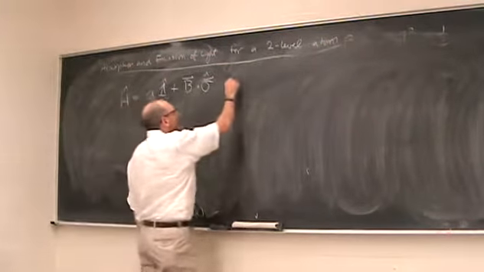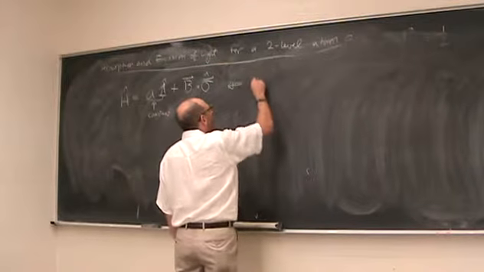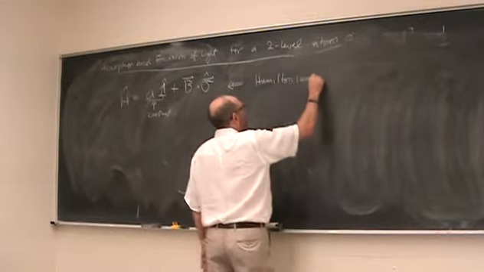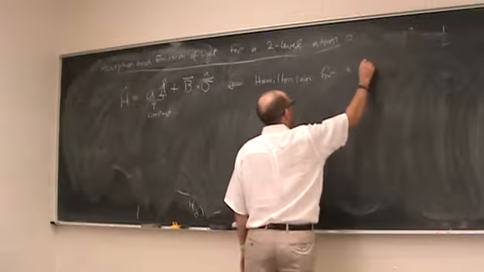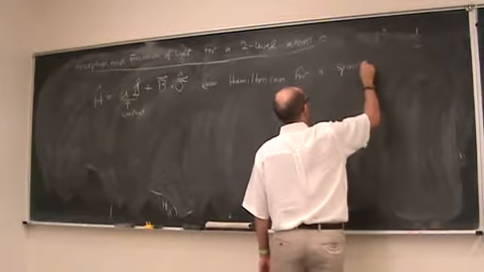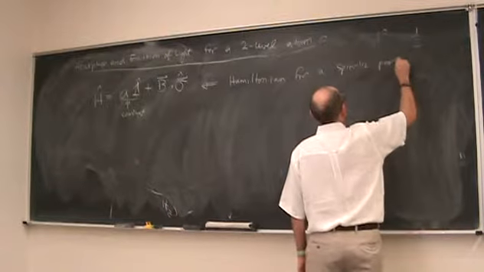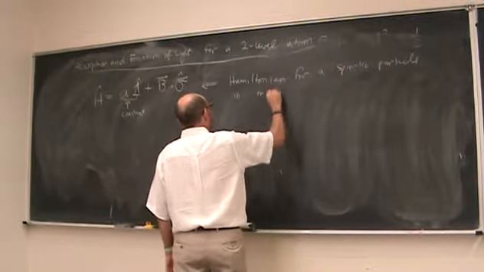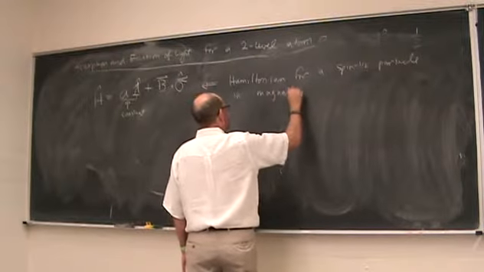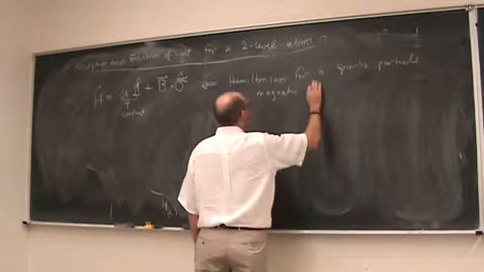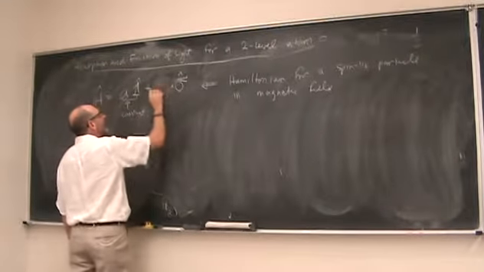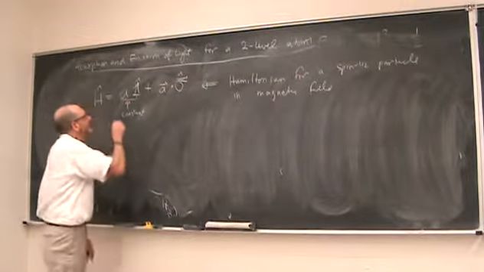This is the Hamiltonian for a spin 1/2 particle in a magnetic field. Let me not call that B because I don't want to confuse it yet. We'll just come back and we can call it as we did before.